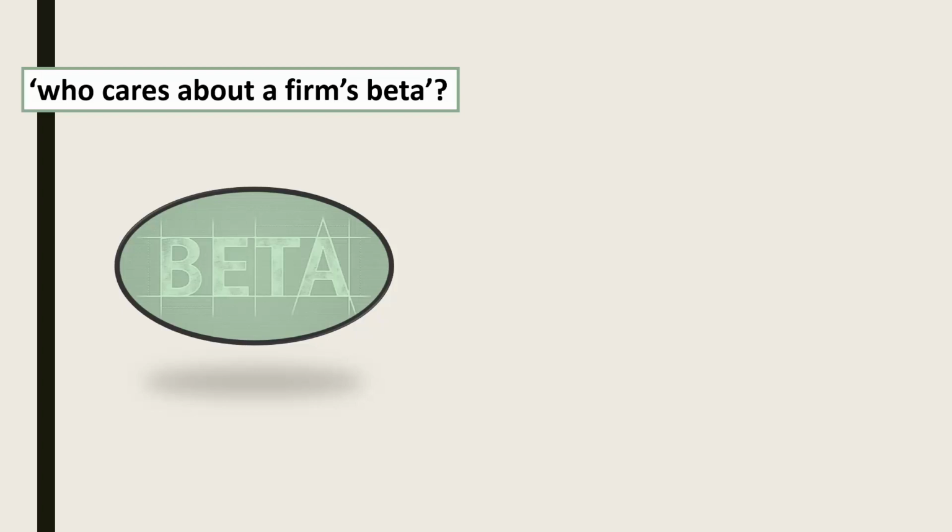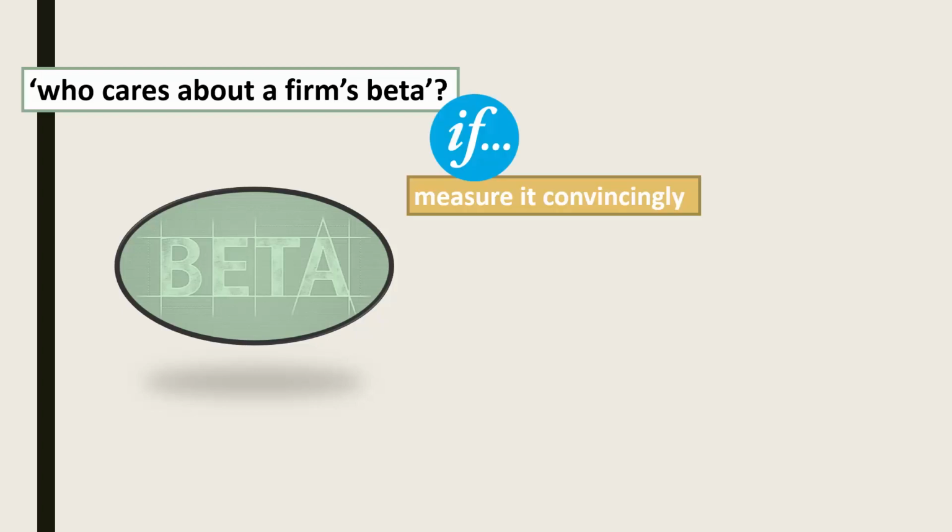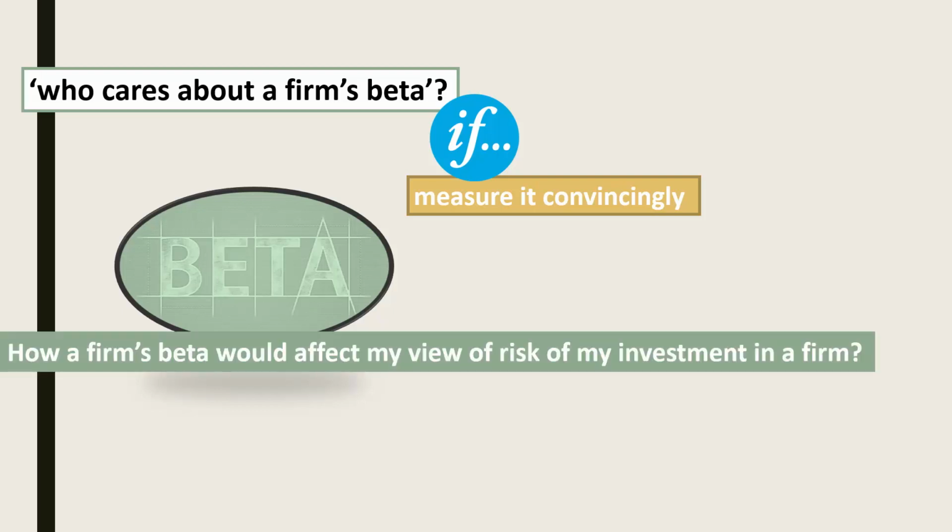Quite a few equity investors, me included, would say, who cares about a firm's beta? Even if it was possible to measure it convincingly, which is at best highly questionable, we should ask ourselves how a firm's beta would affect my view of the risk surrounding my equity investment in a firm.